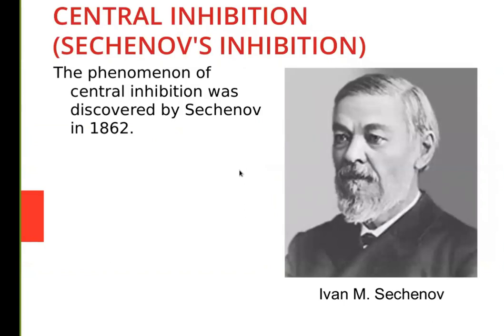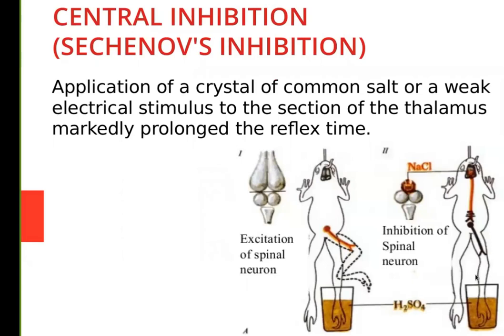But common for all types of primary inhibition, they were discovered by the Russian physiologist Ilya Sechenov. He was the first who found inhibitory processes in the brain, firstly in the frog brain, but nowadays we find similar processes in the human brain.